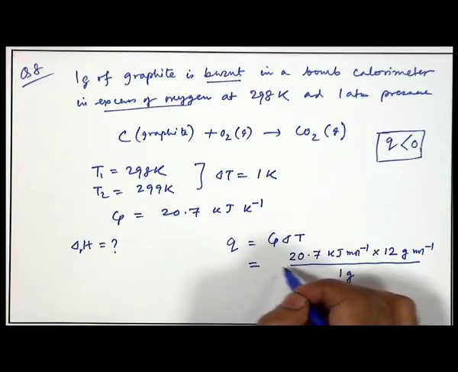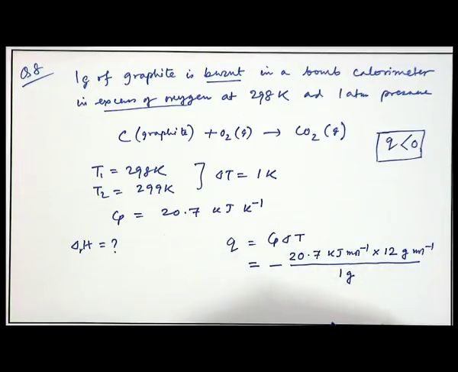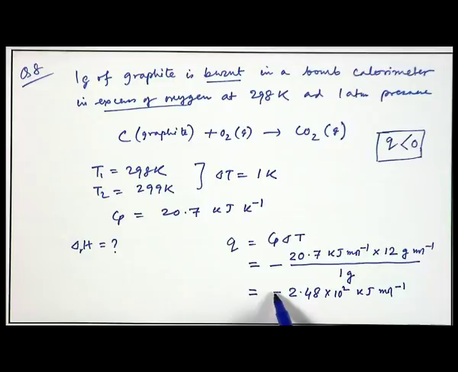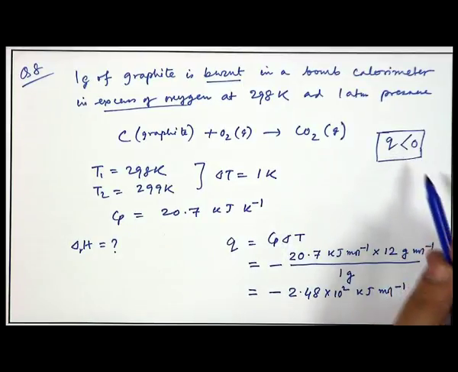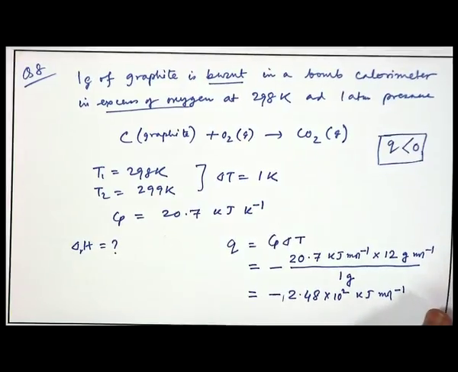Just to take care of the sign from a system point of view, we put a negative number here, which will give us this value as 2.4 times 10 to the power 2 kilojoule per mole. Again, just to emphasize the sign, because in this case the system is losing some energy, as this is an exothermic reaction. Any burning is an exothermic reaction, as you know. Hence, this negative sign is appearing in this case. So, the magnitude would be this, but the value would be with a negative sign.